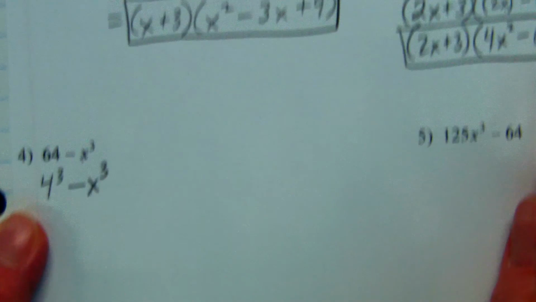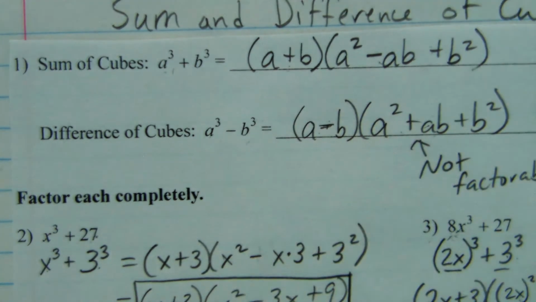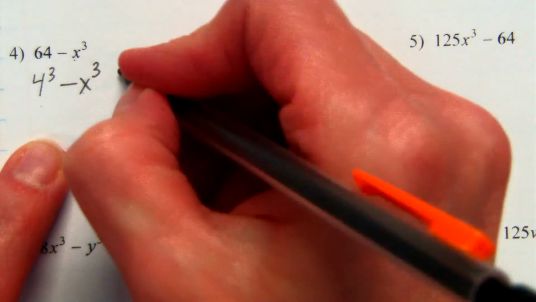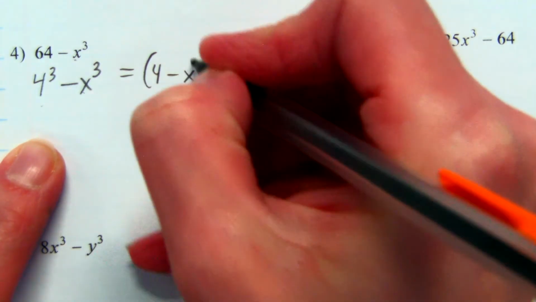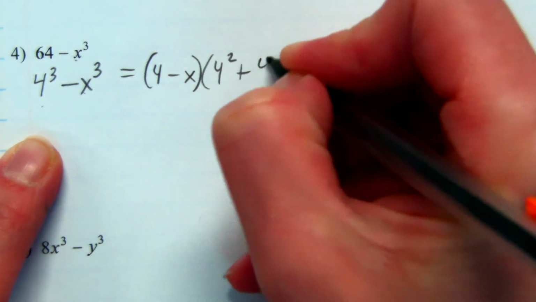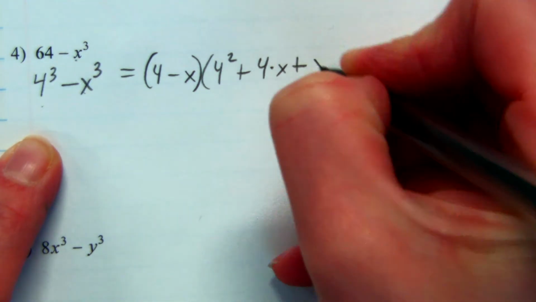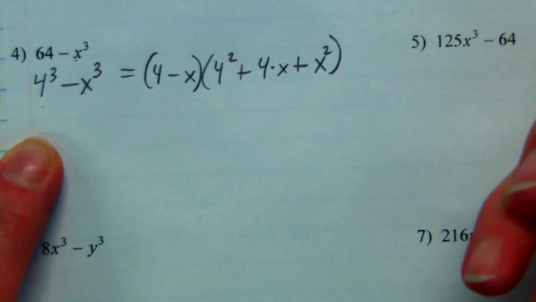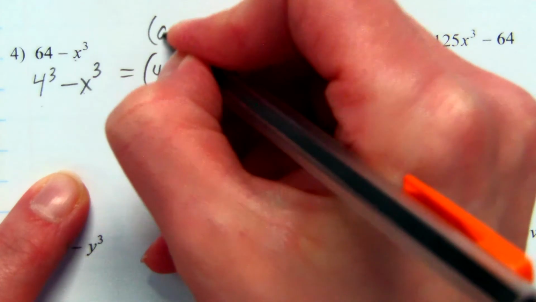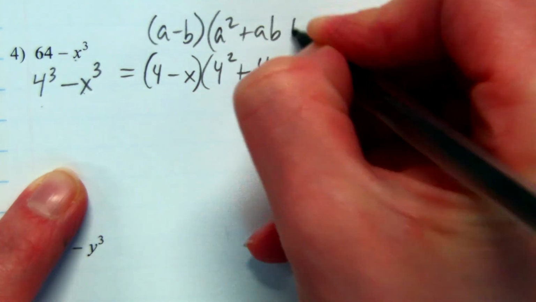So now we're switching into the difference formula that's up here. So we would have 4 minus x. We would have 4 squared plus 4 times x plus x squared. Okay, because the formula is A minus B, A squared plus AB plus B squared.